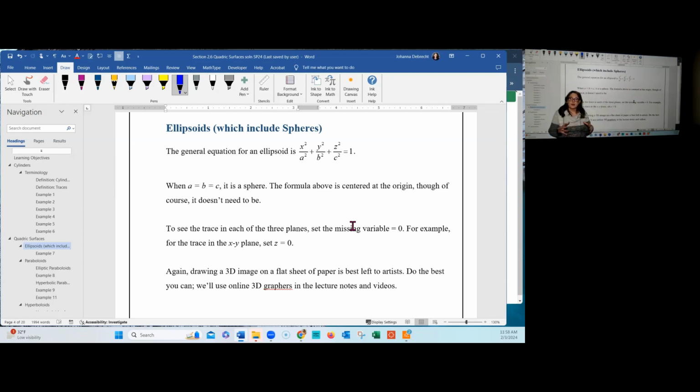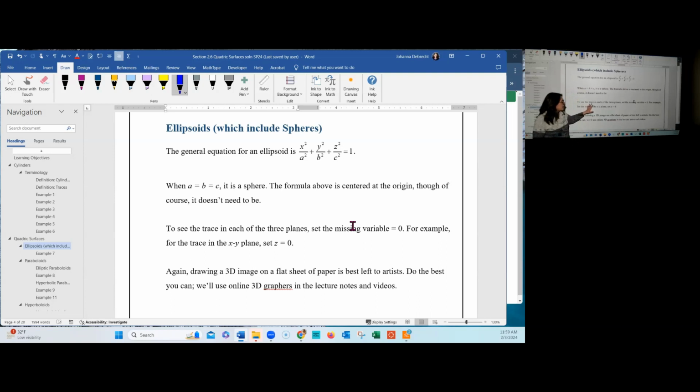If a squared, b squared, and c squared are all the same number, it's a sphere, and that would be the radius squared. This one is centered at the origin, 0, 0, 0, but I could have x minus 1 quantity squared, and then it would be shifted on the x-axis by 1.